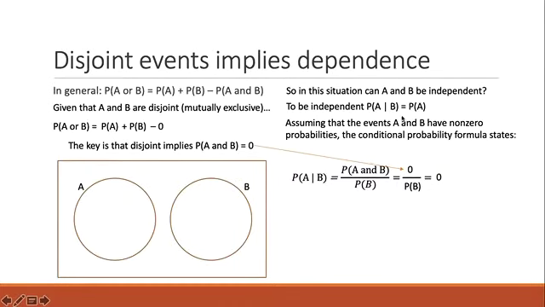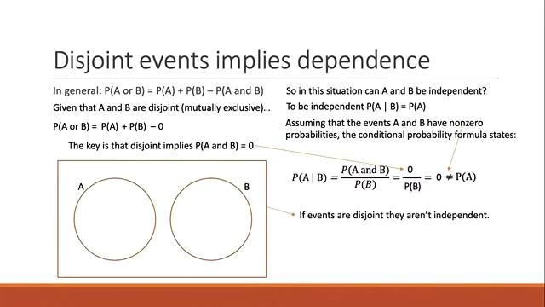Well, to be independent, the probability of A given B is supposed to be equal to the probability of A. But that's impossible because I know that A has a non-zero probability. This expression can't end up being the probability of A because the probability of A given B ends up being 0. I know that can't be the probability of A because I can see in the Venn diagram that there are outcomes that result in the event A occurring.